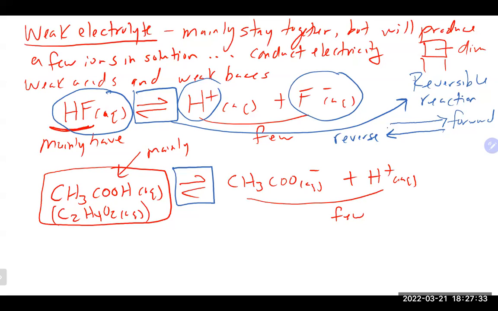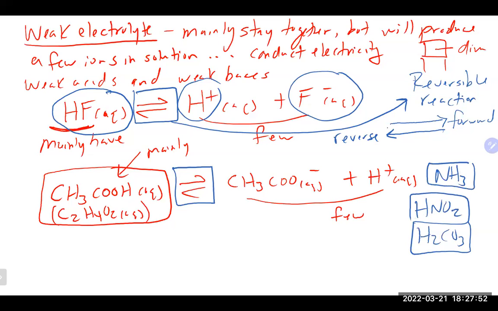So things like hydrofluoric acid and acetic acid are weak acids. Nitrous acid is also a weak acid, and carbonic acid is also a weak acid. Ammonia, NH3, is a weak base, actually. And those are some of the weak electrolytes.